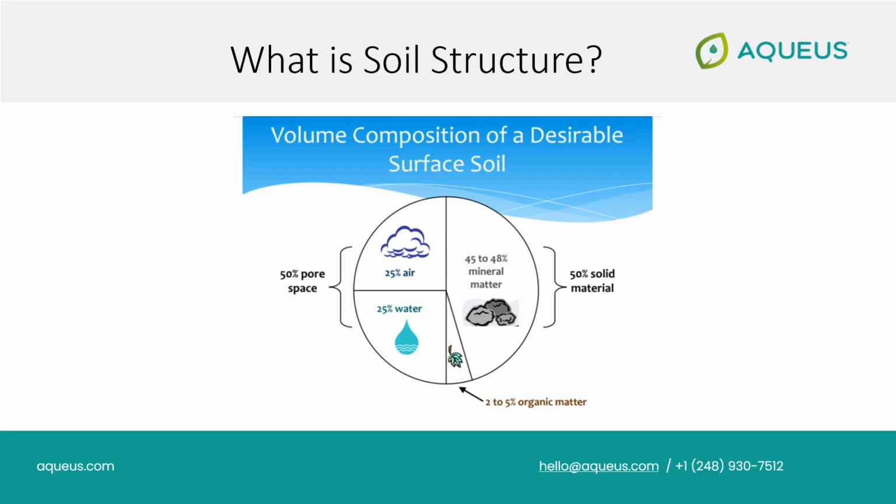So 25% would be filled with air and 25% filled with water. And then 50% solid material, most of that being mineral, meaning quartz and kaolinite and feldspars, different actual soil minerals. And then a smaller percentage, 2 to 5% typically, can be higher, can be lower, depends on the soil, but this is just idealized, and that would be organic matter.